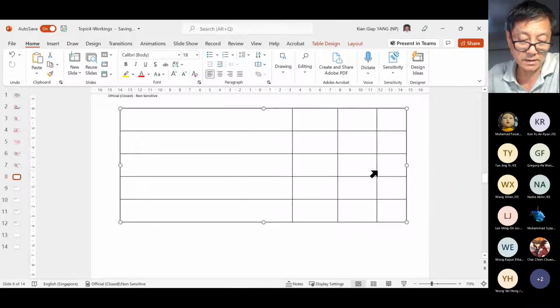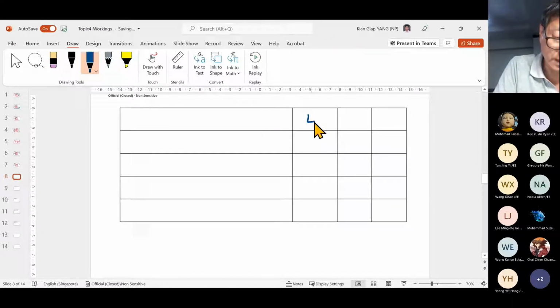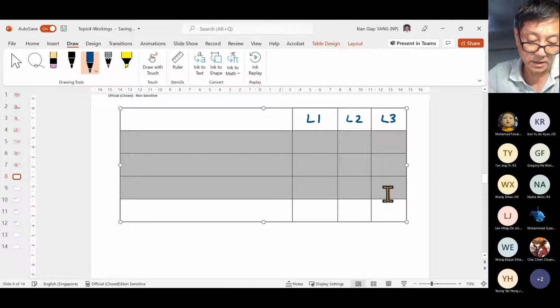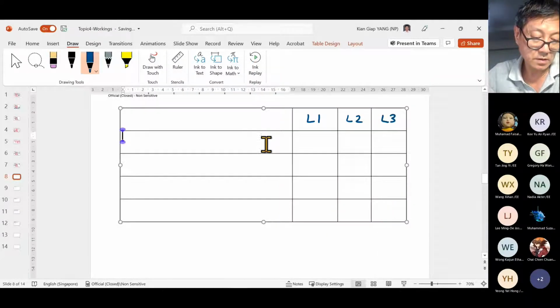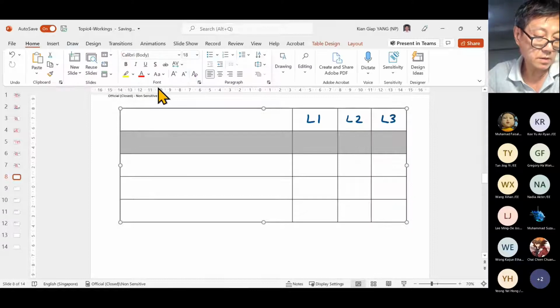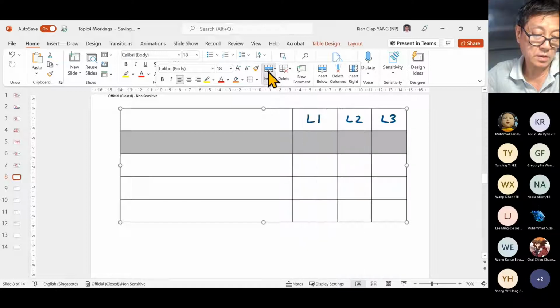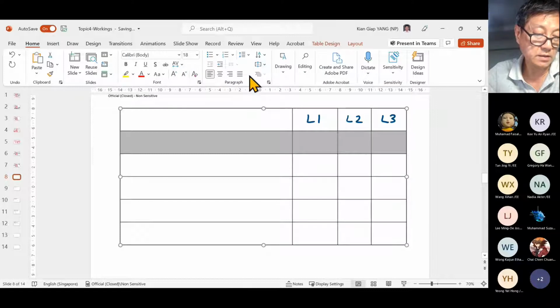All right, like just now with the DBB, I need to do this. So I start by creating a table L1, L2, L3, right? And because I have 6 circuits, I insert another 2 rows. Here's my insert table. Okay, I insert one more.